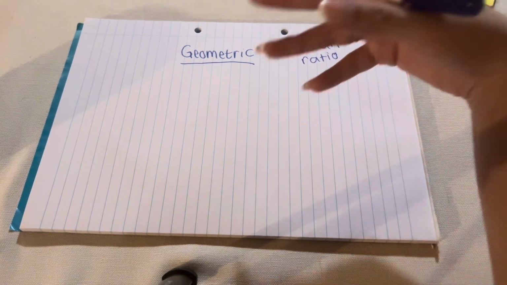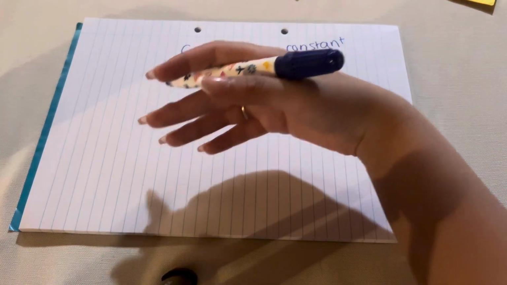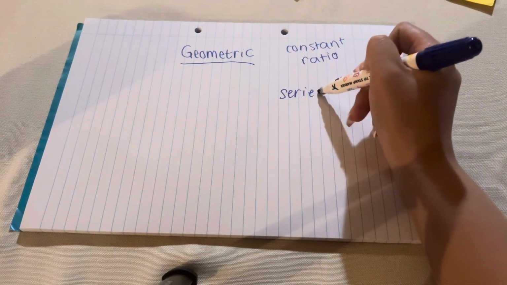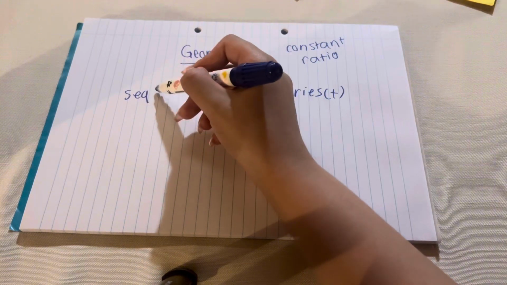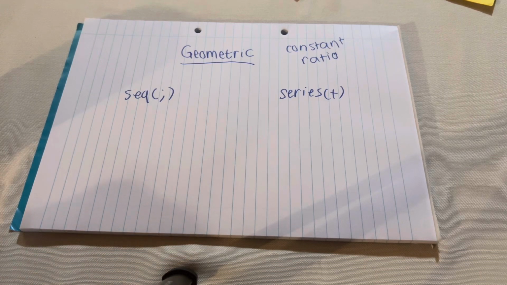Okay, in a similar manner to how we did the arithmetic, we have series, which are the additions, right, when we add them, and then we also have sequences, and that is when they're listed, separated by a semicolon. So we're just going to go into what the formulas are.